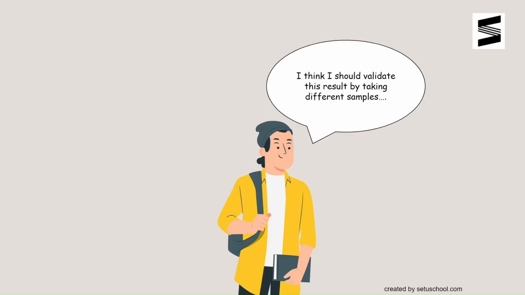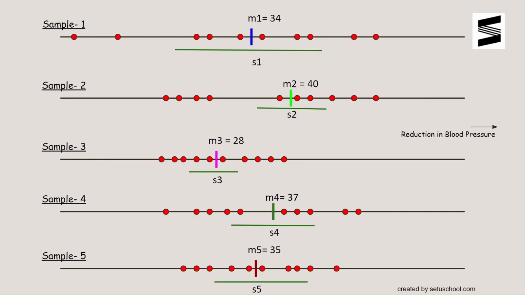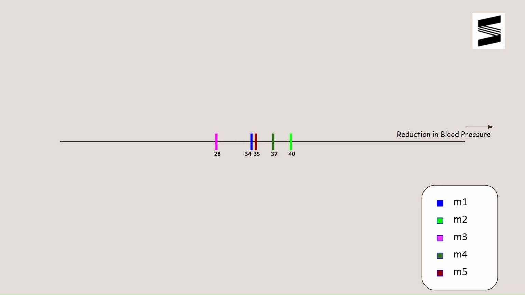population? To validate this, we take 5 different samples from the population, and as there are different people in each sample, we get different sample means, and we put the different sample means in a single line.